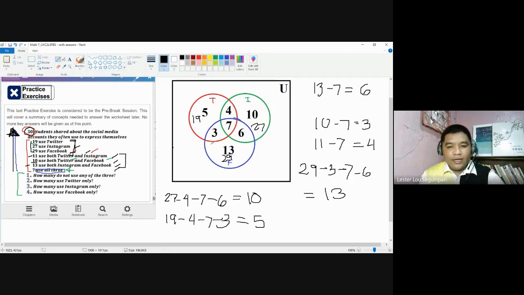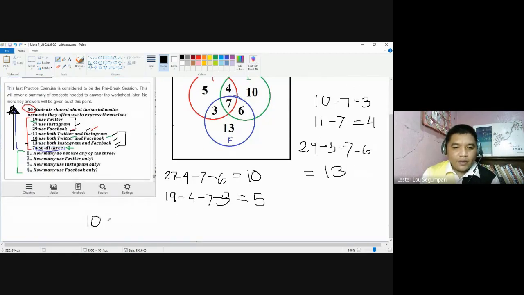But if we're going to do that, let's try to sum it up. Let's try to do it from left to right. You have 5 plus 4 plus 10 plus 3 plus 7 plus 6 plus 13.